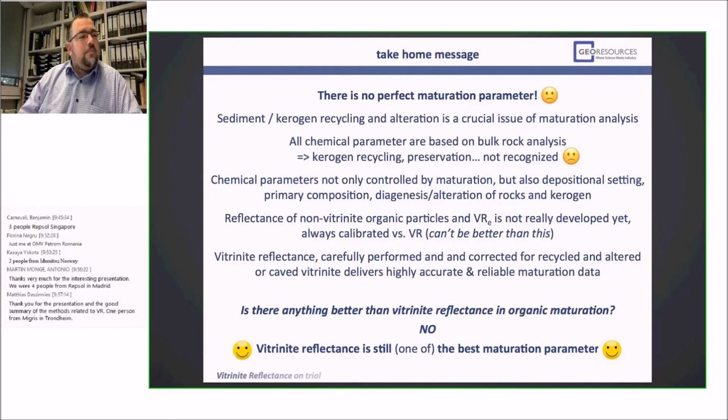I guess it's not that bad that we have to create totally new models, but maybe we have to refine some models, and maybe the problems with some of the models that we have up to date could be solved with more precise vitrinite reflectance analysis, as I showed it in this way.